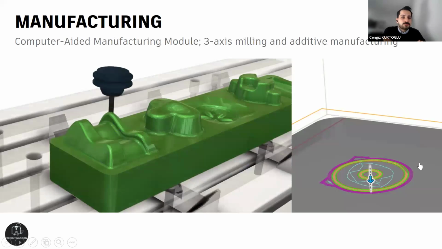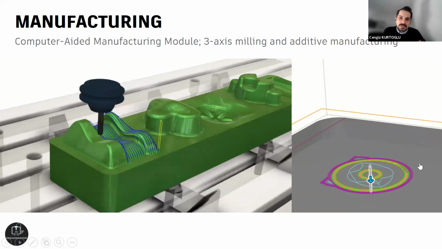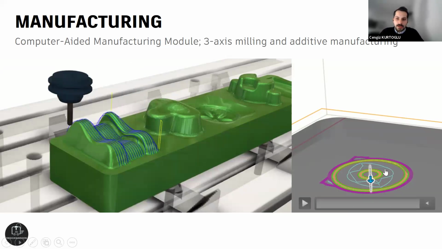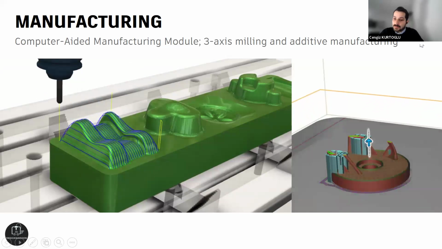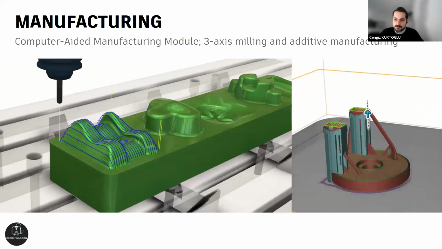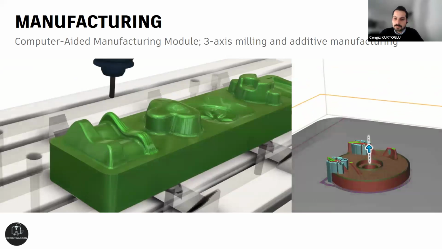There is also a manufacturing workspace in Fusion, the computer-aided manufacturing CAM module. For example, there is 3-axis milling, and also additive manufacturing, FDM, fused deposition modeling.